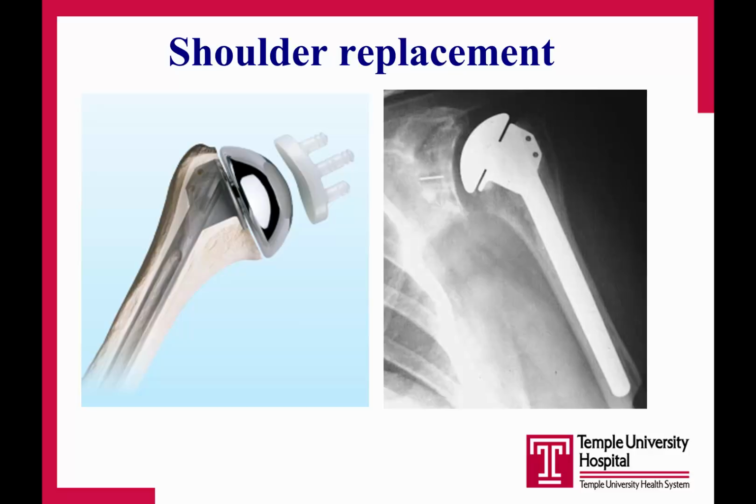There are even some designs currently under research that have a very short stem or no stem at all. But the typical implant design that has been around the longest, with the longest track record, is the one that you see here, which is a cemented stem.